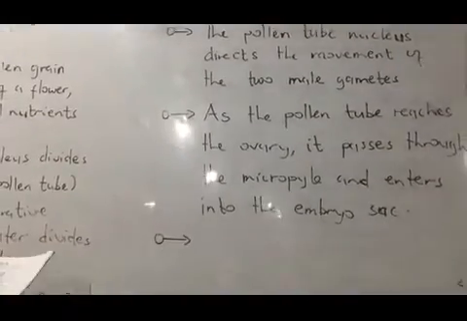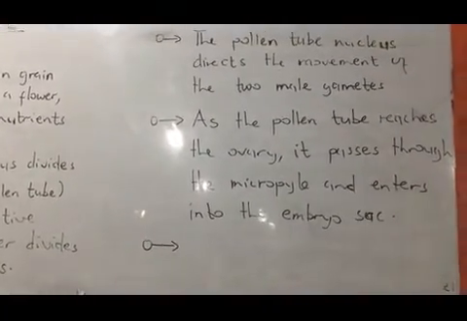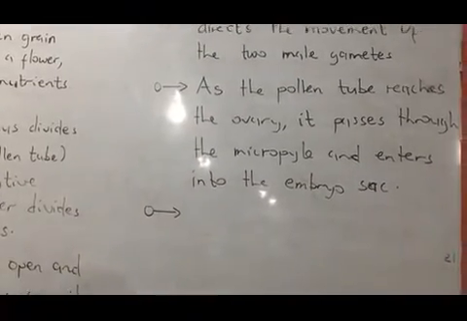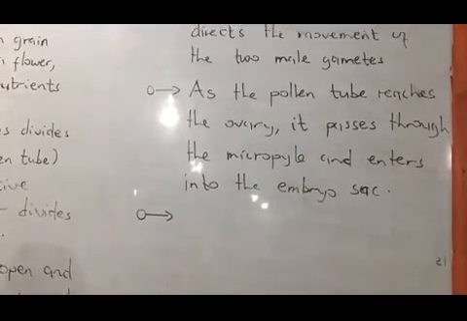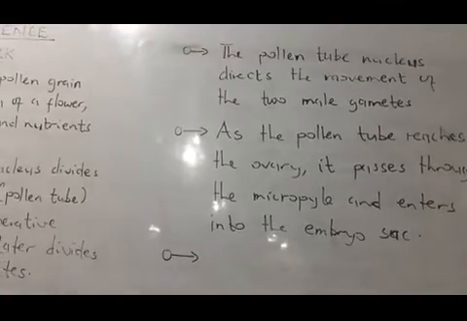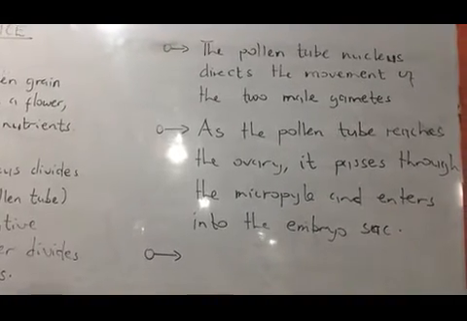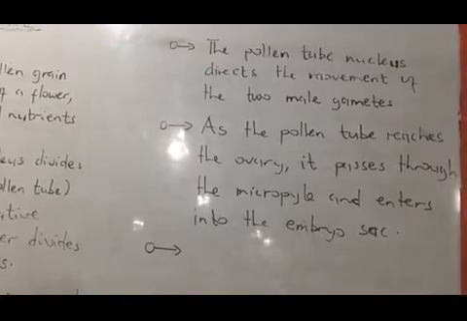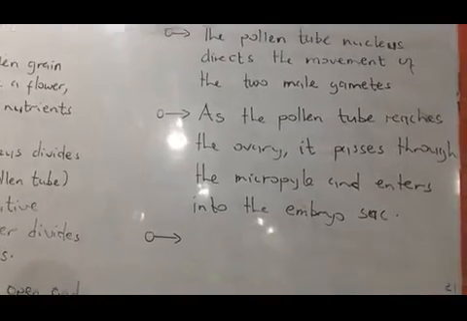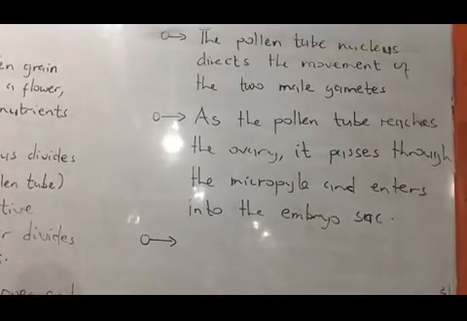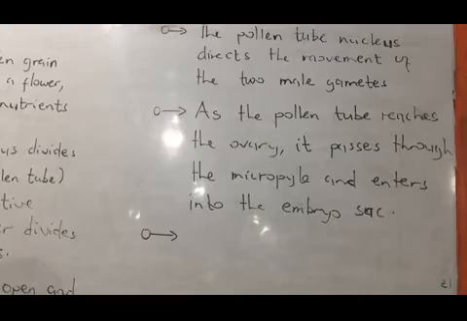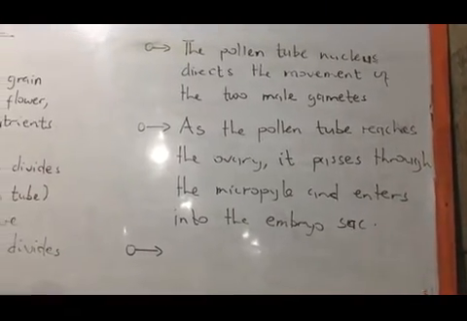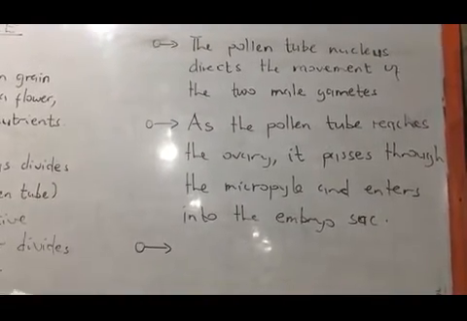And once it enters the embryo sac, you see that the pollen tube nucleus will disappear to release the two male gametes. And then one of the male gametes will fuse with the egg nucleus to form the zygote. And the other male gamete will fuse with the polar nuclei to form the endosperm.